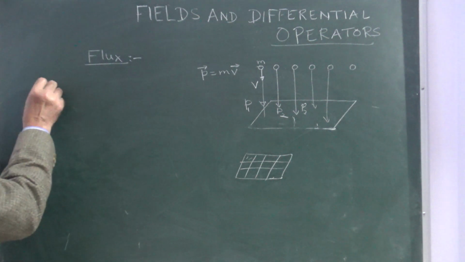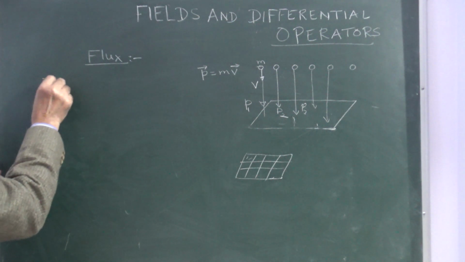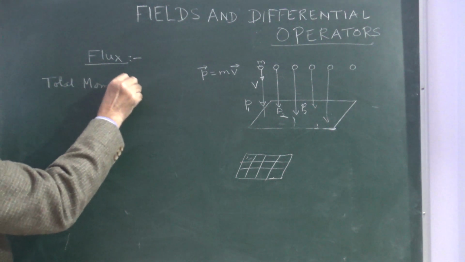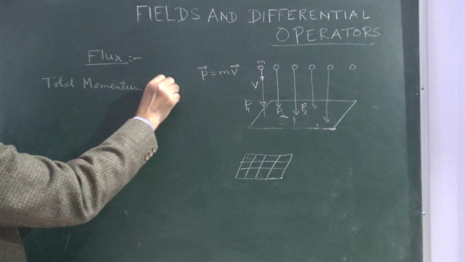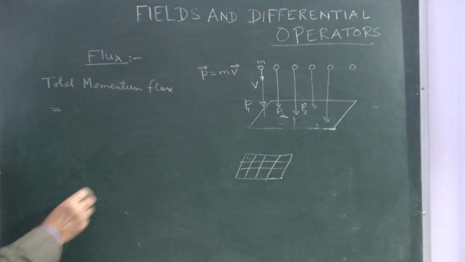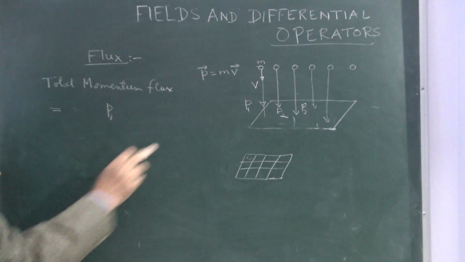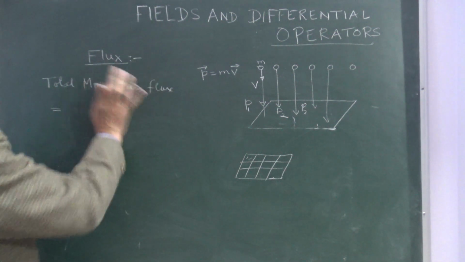So the total momentum flux through the whole area will be like this. You have divided the whole area into small areas, say dA.